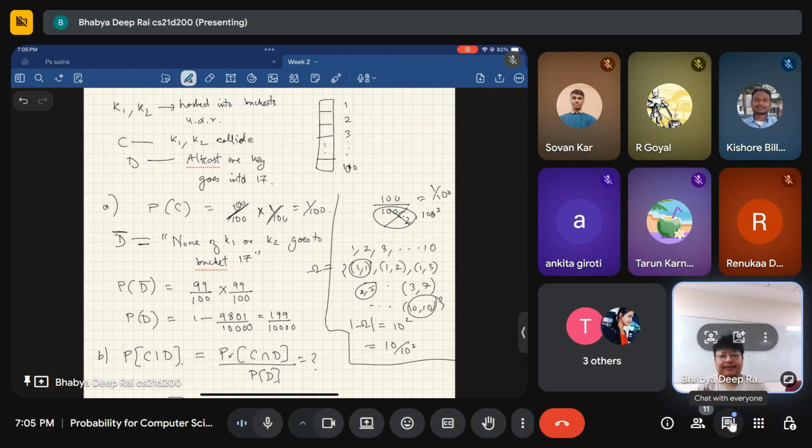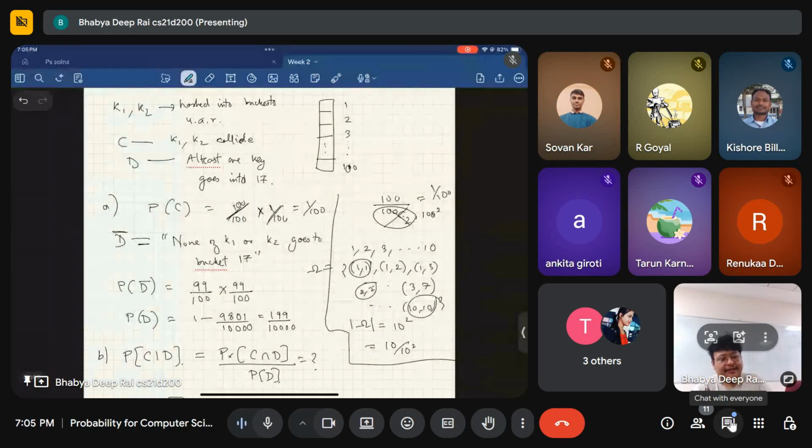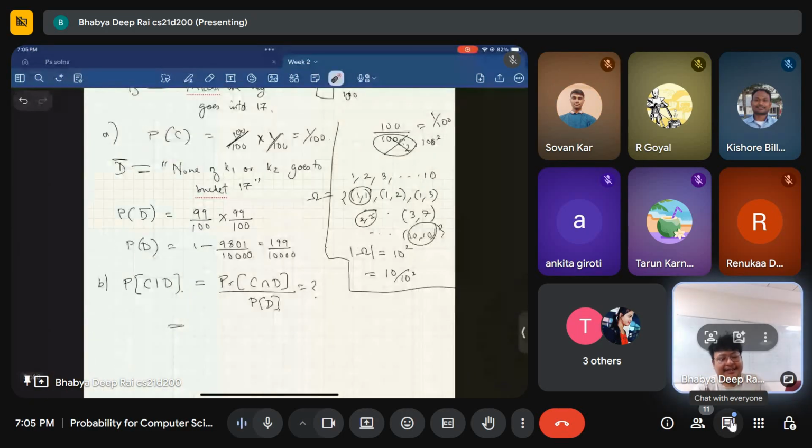C intersection D is the only way it's possible that both are getting to bucket 17. That's the only case. C is that both are going in the same bucket, that is both collide.